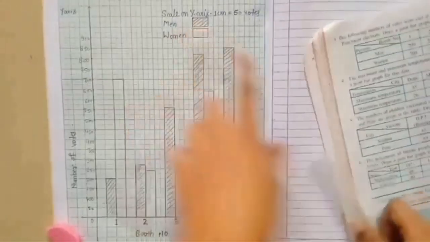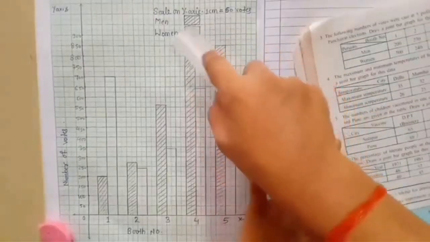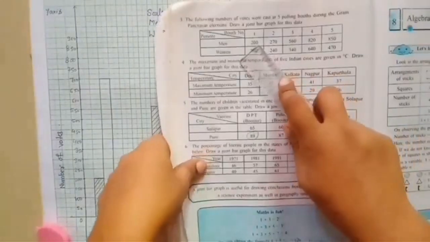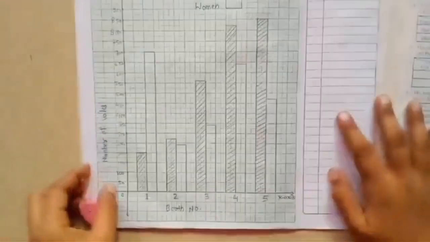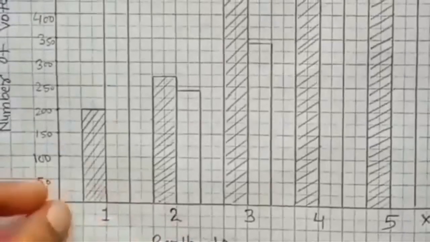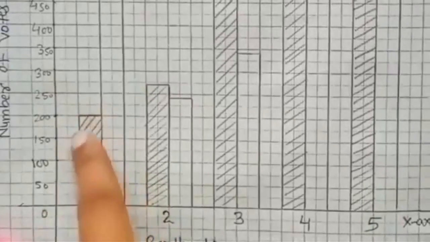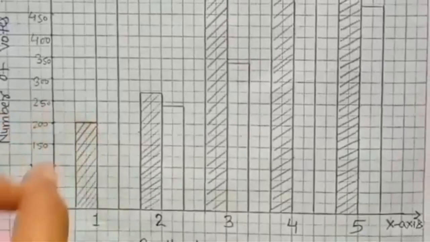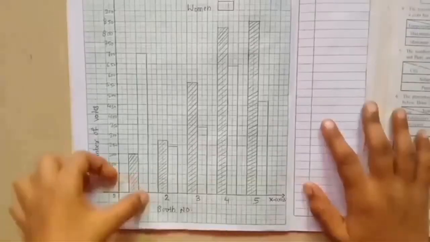Now in booth number 1 they have given us, that is 200 men will vote and 700 women will vote. So now according to our y-axis, first we will mark 200 for men and we will shade the men box, and for women they have given 700.